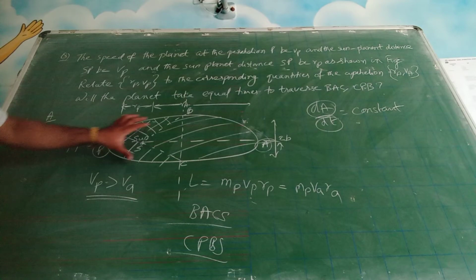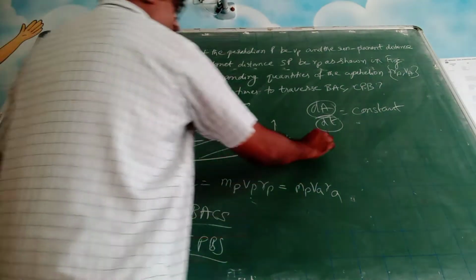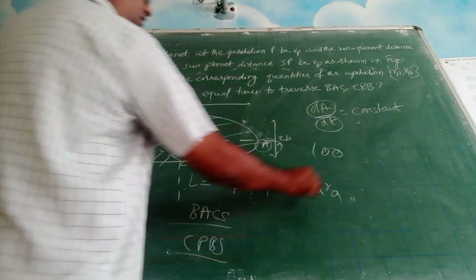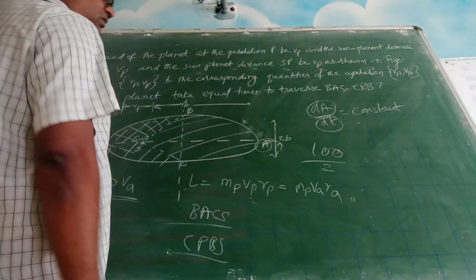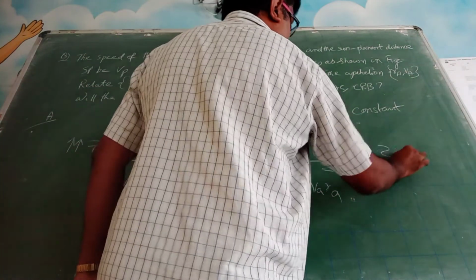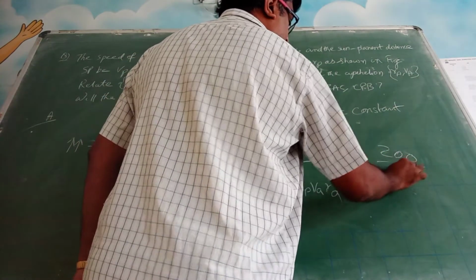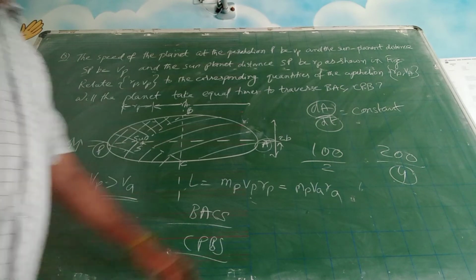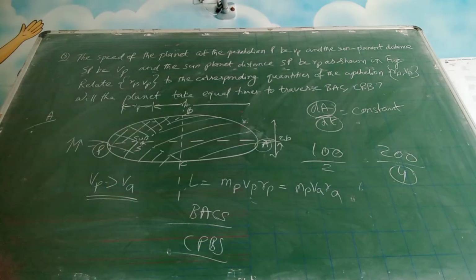Let us say here the area to be covered is 100 units, and the time we took is 2, but here the area to be covered is 200 units. So what will happen? The time will be 4, no? 200 by 4 is 50, 100 by 2 is 50. So like that it is.